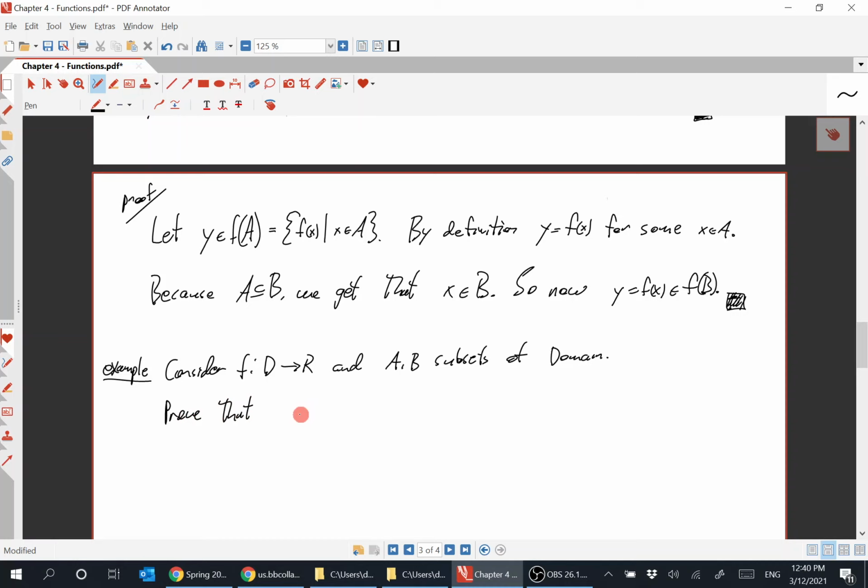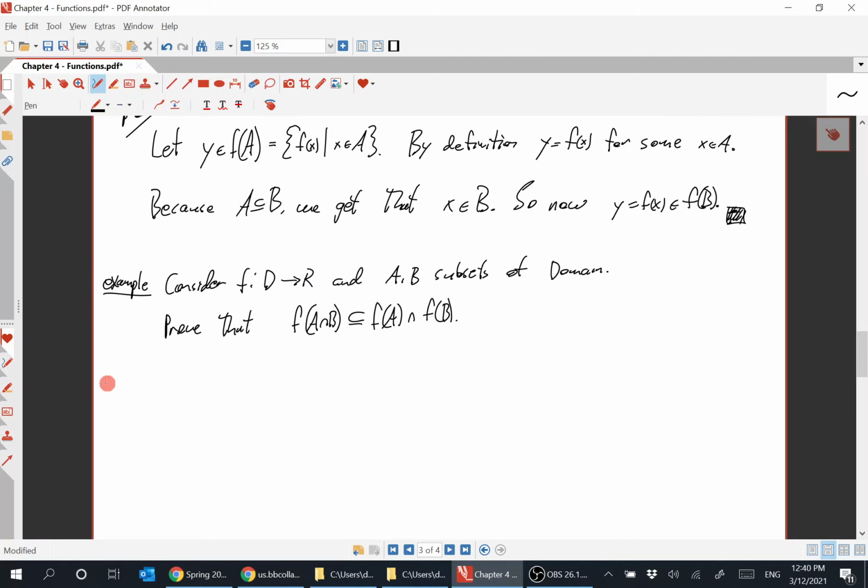Prove that f of A intersection B is a subset of f of A intersection f of B. The image of A intersection B is a subset of the image of A intersection the image of B. Okay?